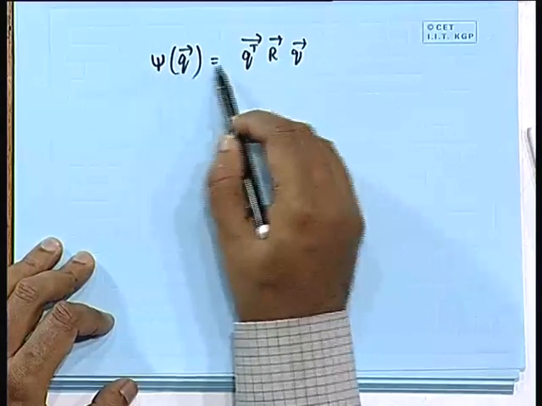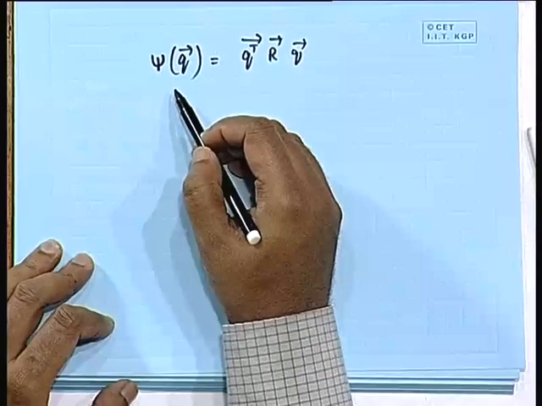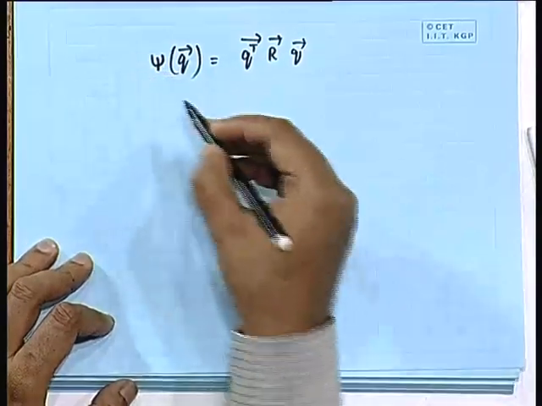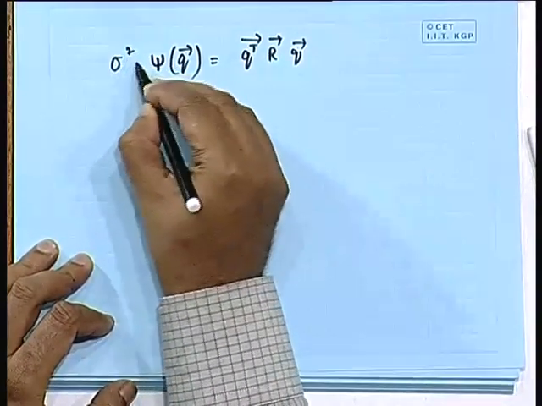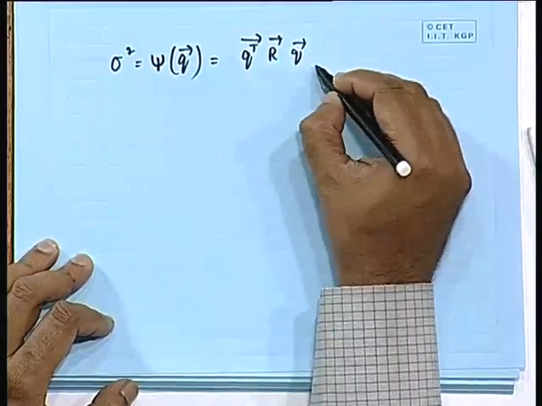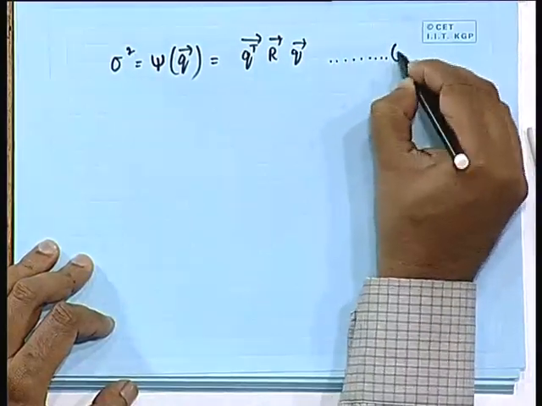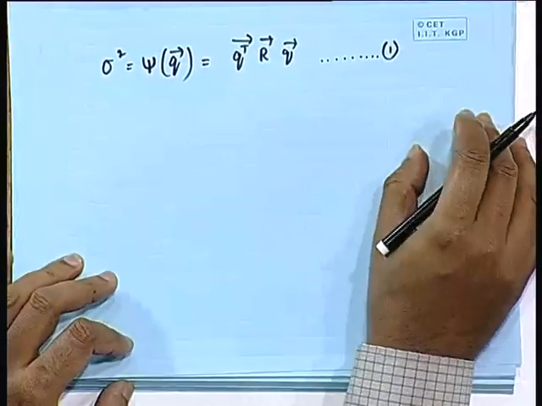So, we have to minimize this function psi Q. This is exactly equal to sigma square. So, we write sigma square is equal to Q transpose R Q, and this we are going to write as our equation number 1.